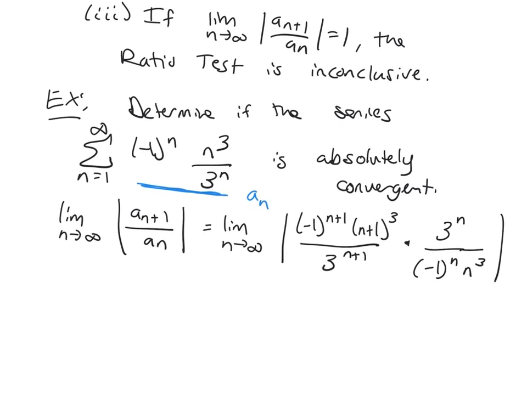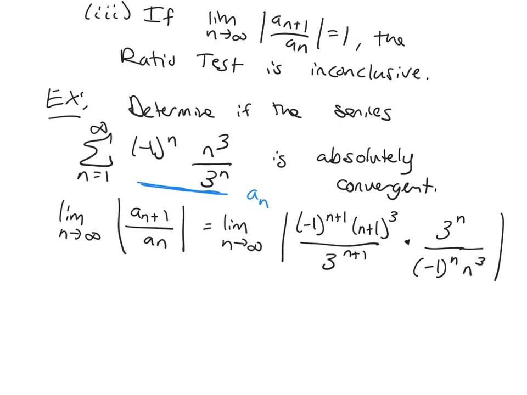And then what you're going to do is group up the like things in the numerator and denominator. So I have this negative 1 to the n plus 1 in the numerator, and I have a negative 1 to the n in the denominator.